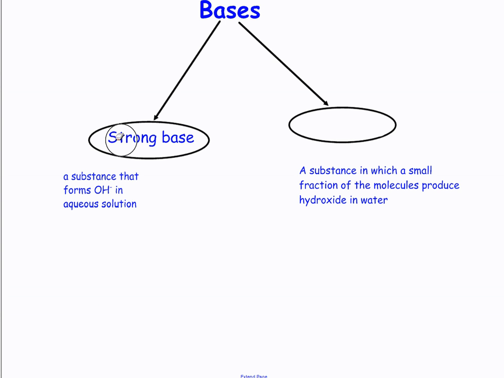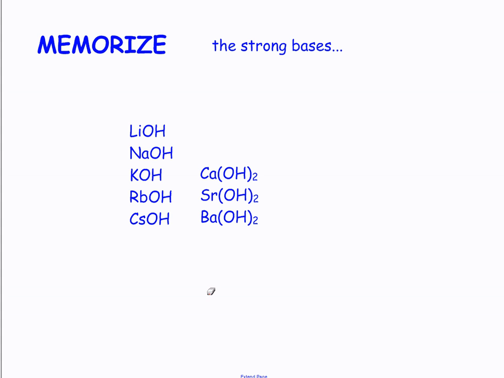So just like acids, bases come in strong and weak based on their behavior as electrolytes. It looks like the strong base list is bigger than the strong acid list, but it's really not that bad.